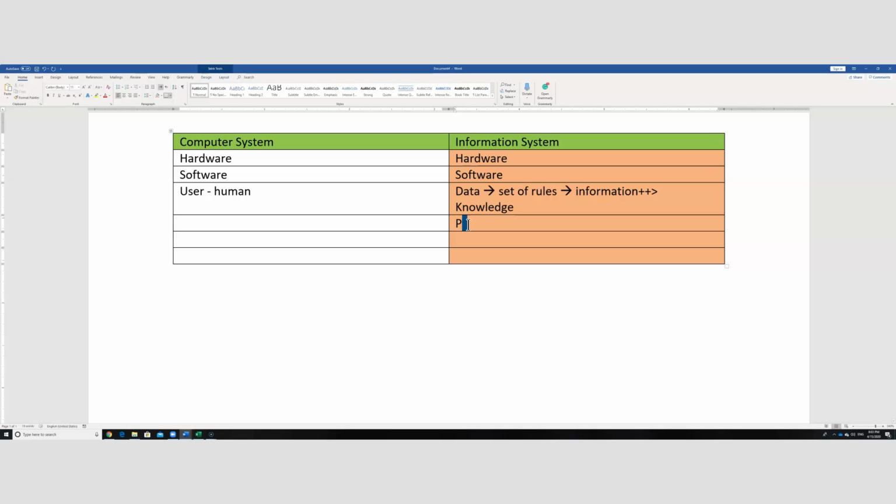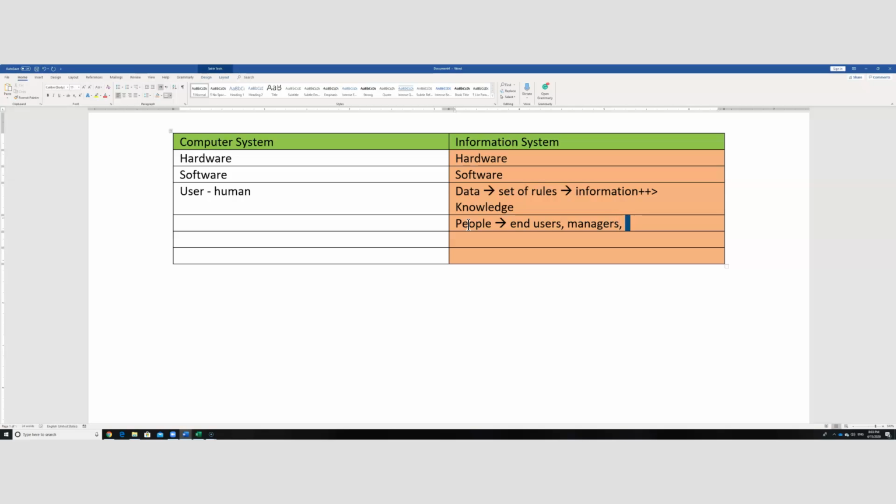In addition to this, we have people instead of one individual. People usually means the end users, because we have more than one person using the computers. We have managers of all sorts, higher level management, middle management, lower management, even supervisory, who will utilize the information system most of the day.